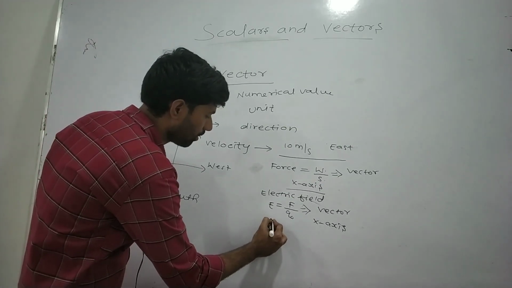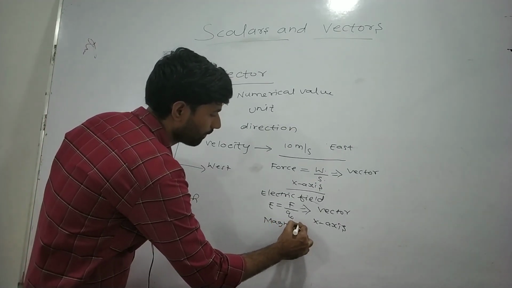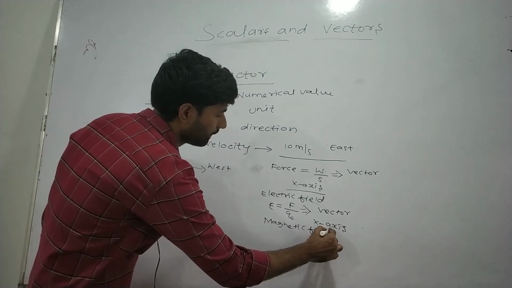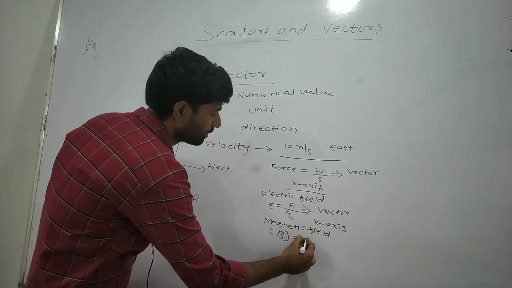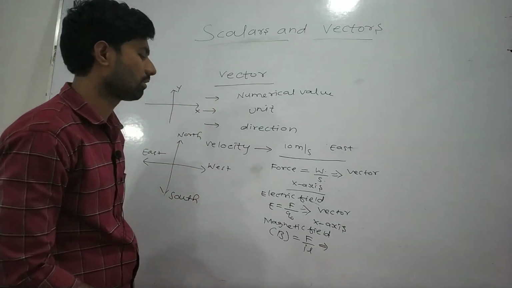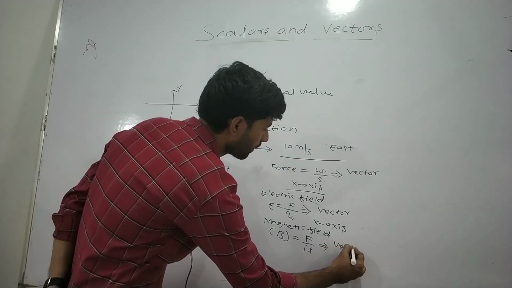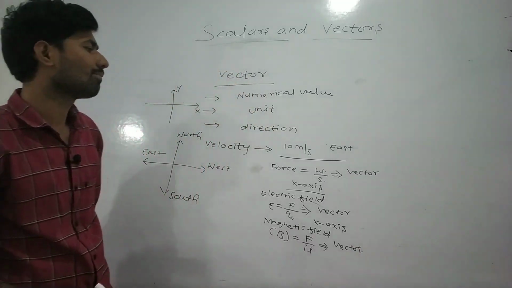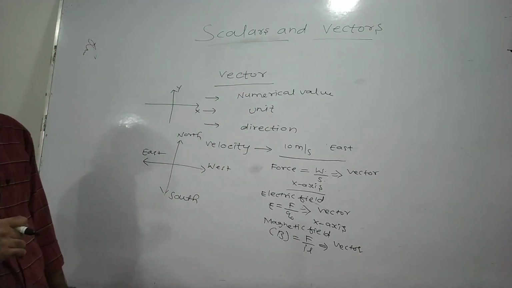Magnetic field is also an example of a vector quantity. We can write B is equal to F divided by IL. This will also be a vector quantity.